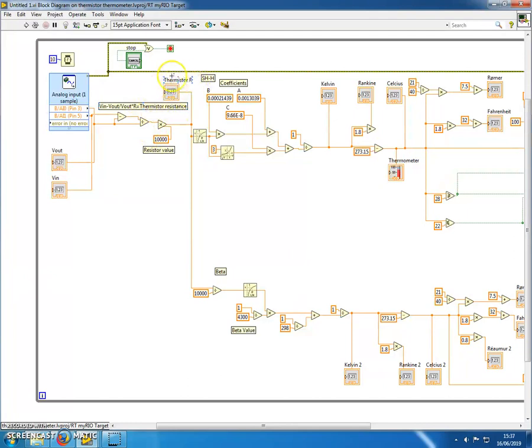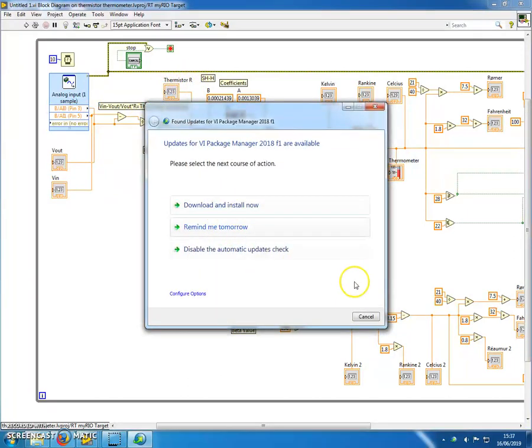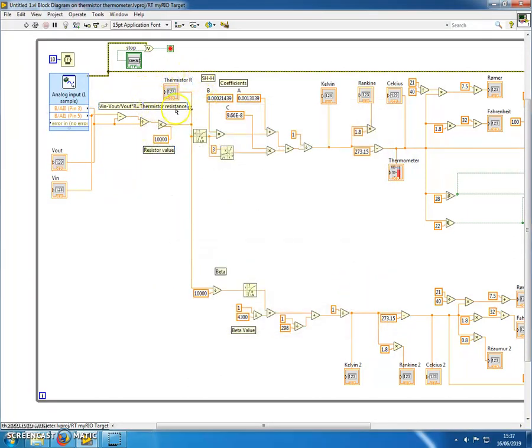And then from there we'll know the thermistor resistance. Once we know the thermistor resistance, we can then use it to calculate the Steinhart formula, or the beta formula, for the actual temperature.